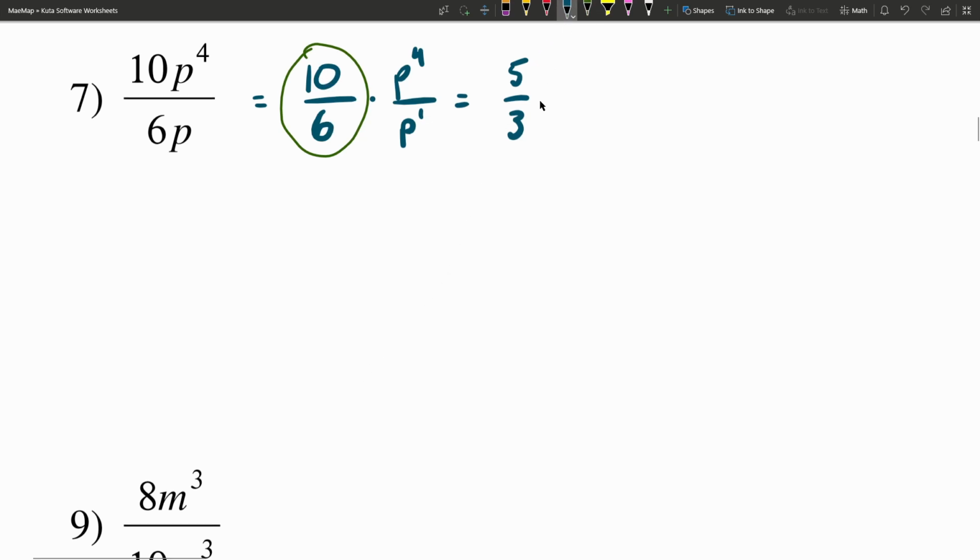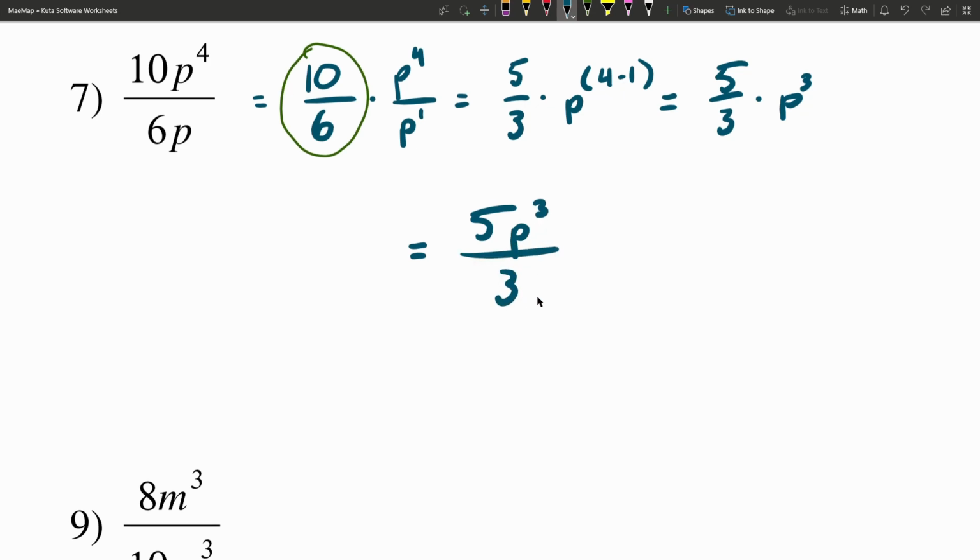So I have 5/3 times p to the 4 minus 1. So that's going to be 5/3 times p to the, 4 minus 1 is 3, so p cubed. Again, because this is a positive exponent, I can put it right back up in my numerator. So I get 5 times p cubed all over 3.